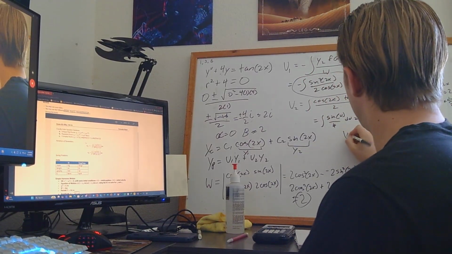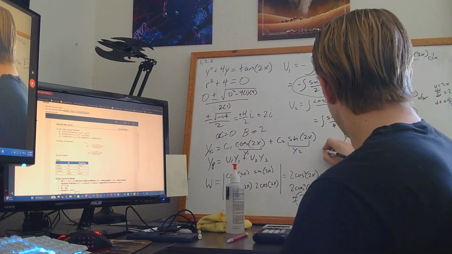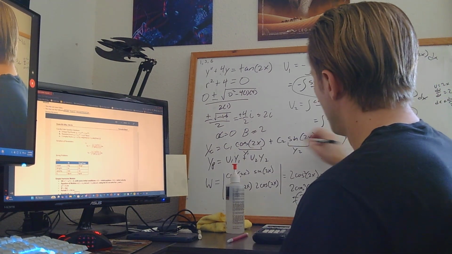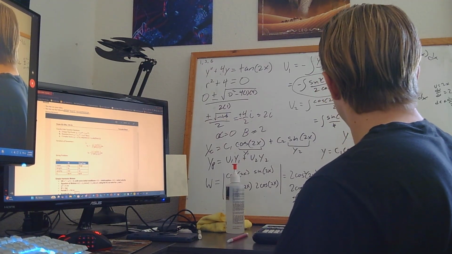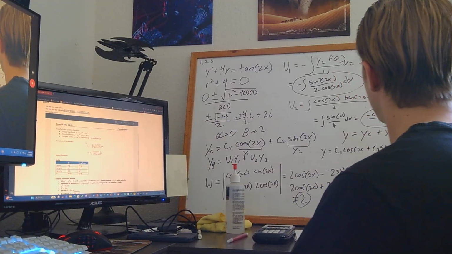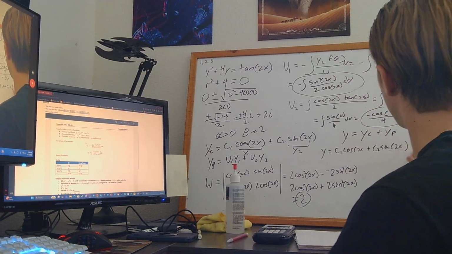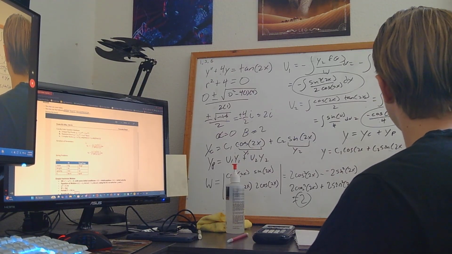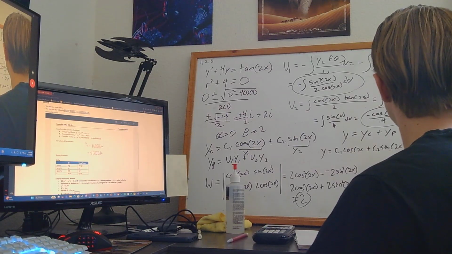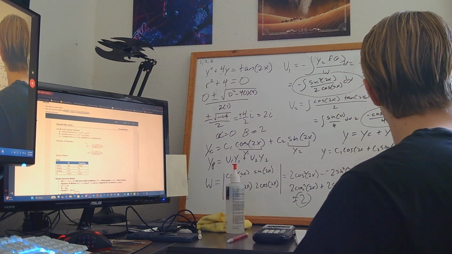Alright, so the general solution y equals y sub c plus y sub p. So our y sub c, I already found that, c1 cosine 2x plus c2 sine 2x, plus our y sub p, so u1, and minus, oops, there's a minus here, sine squared 2x over 2 cosine 2x dx times y1 cosine 2x.